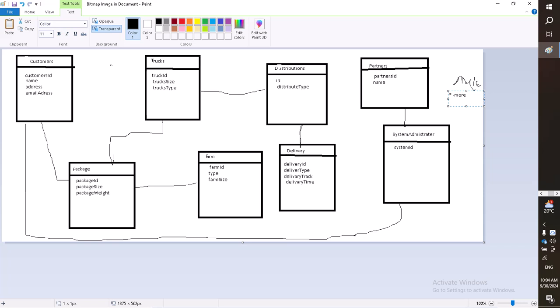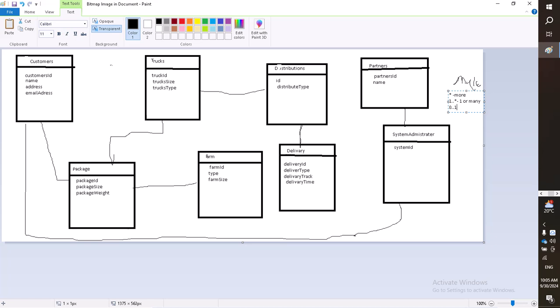We have another multiplicity, 1 to many, 1 or many, and also I have the other one, 0 to 1, which is either 0 or 1.